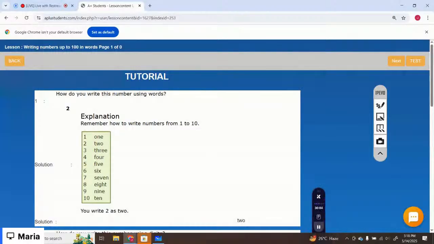How to write this in words? That is good, right? You can write it as... let's just start with the test.